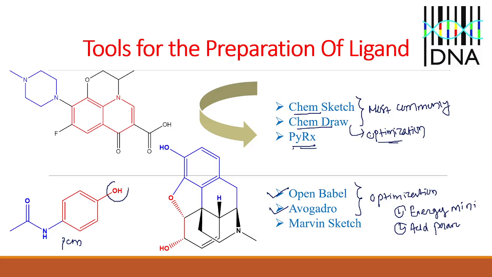At the para position there is a hydroxy group, so the name comes paracetamol, meaning the end is OL. OL means hydroxy. And this one is an amide linkage, C double bond O, NH. It is an amide linkage.